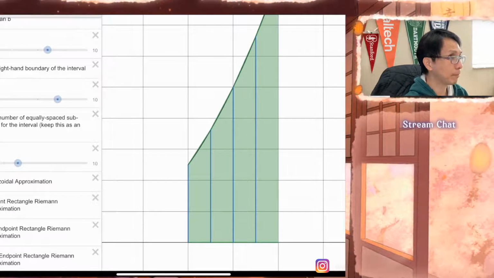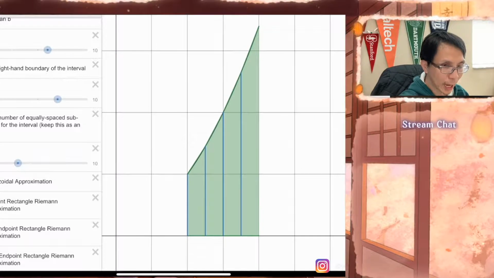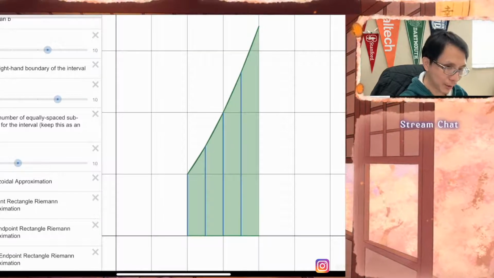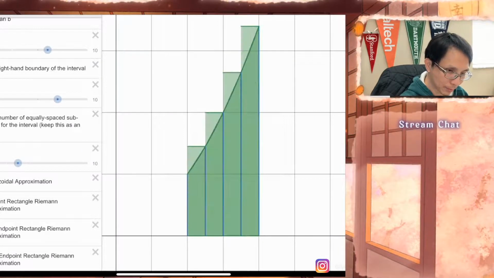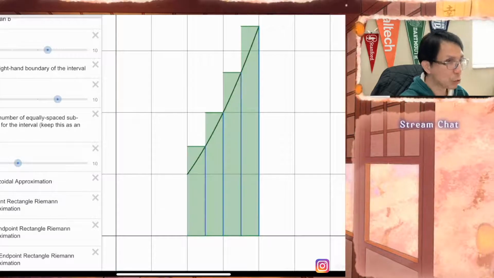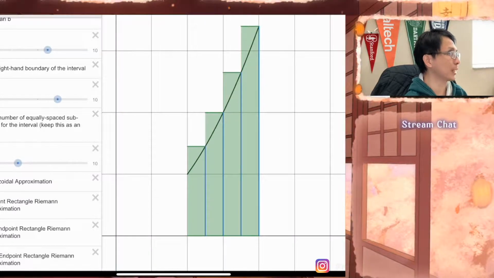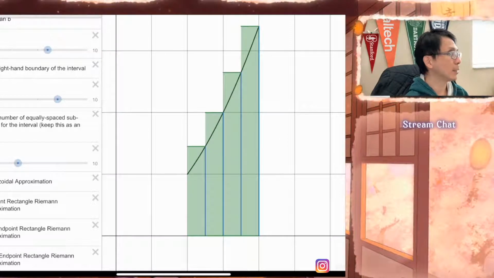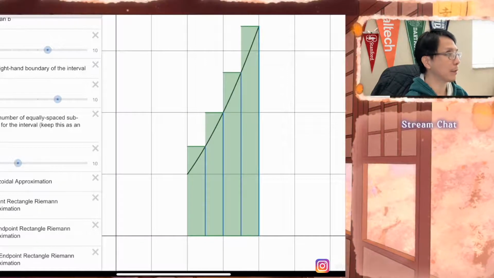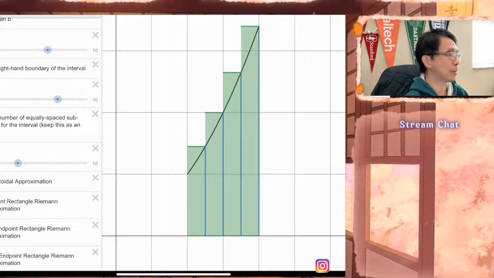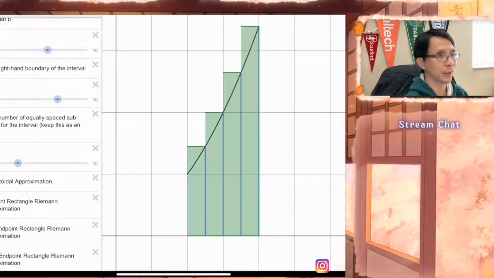Are we okay? Now, how do I make it more accurate if I just stay with the right end? How do I make this more accurate? If I want to find a better area under the curve without mistakes, what's the best way to do it?